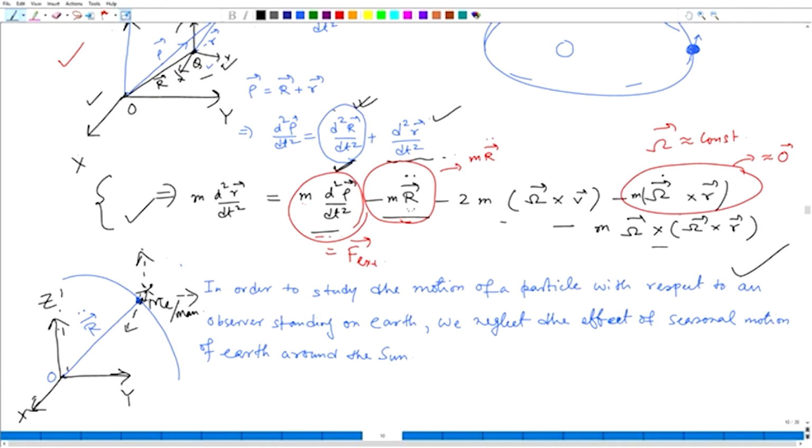Okay. Some small x, small y, small z. We want to now study the motion of a particle p with respect to this coordinate axis. Okay. And the person's situation or the position is given by this capital R vector, and the double dot will simply be due to the person's spin motion with respect to the earth spin axis.